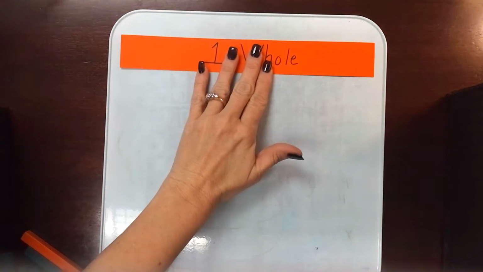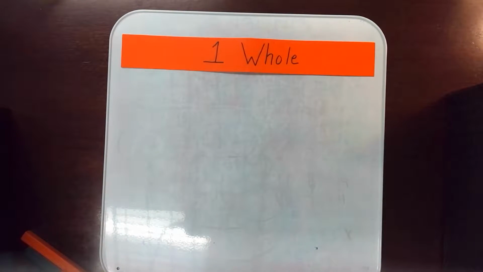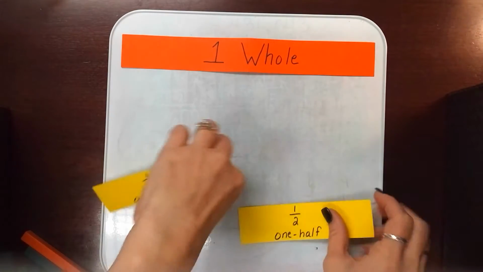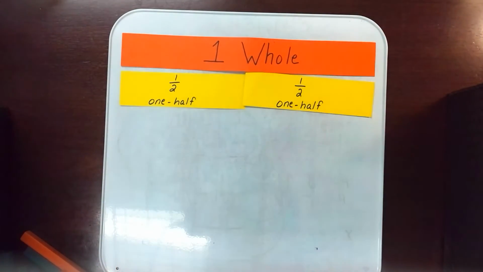So I could put up the whole, right? And we could then ask, what equals a whole? Well, 2 halves equal a whole.